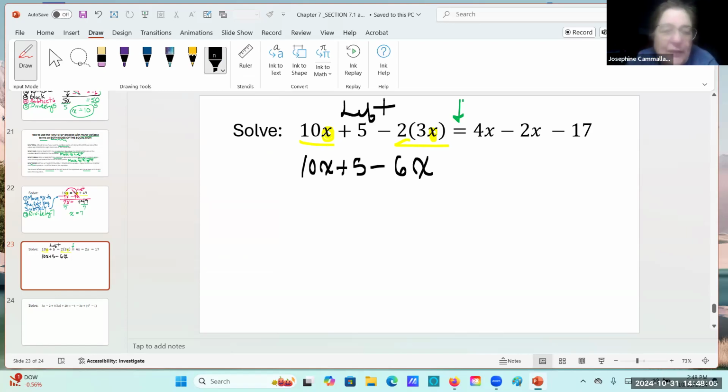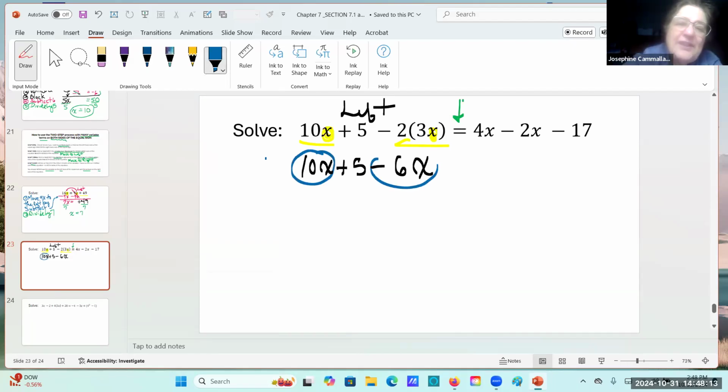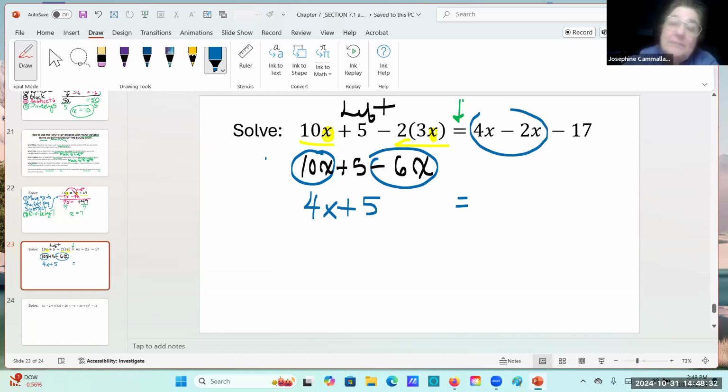I'm not looking on the right-hand side just yet. I am going to put this term and this term together to give me 4x plus 5. Notice on the left-hand side, I have only one x term, and I have a number. Now, on the right side, I have two x's. This is going to give me 2x minus 17.